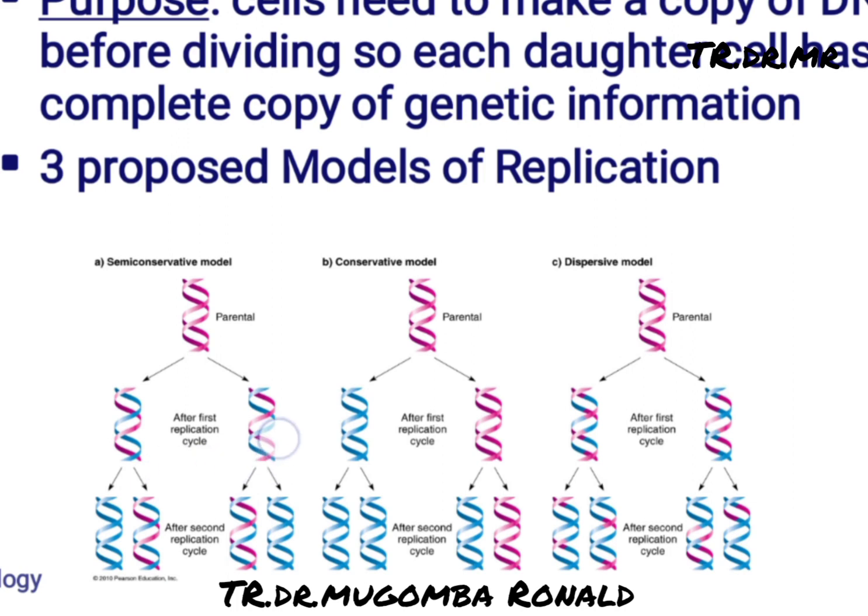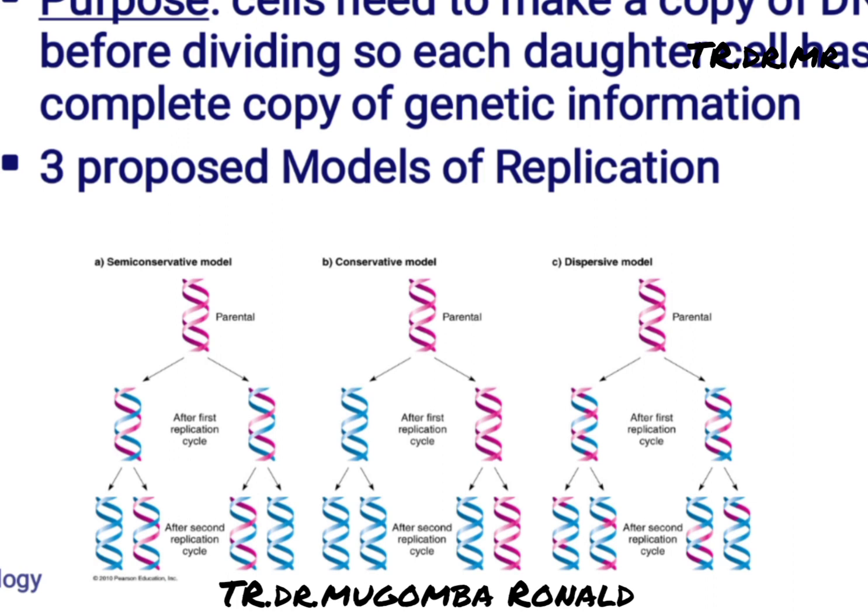So at every replication, one strand of the parent is retained in each DNA, plus a new strand in the daughter genetic material. We have a parent strand maintained along with a new strand. That is the semi-conservative model.